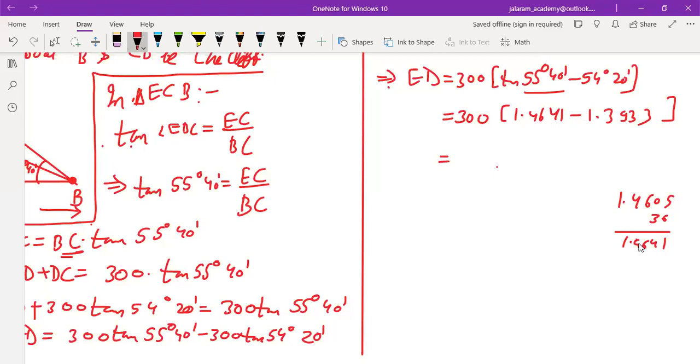So subtract 1.4641 minus 1.3933. 11 minus 3, 8. 3 minus 3, 0. 16 minus 9, 7. 0.